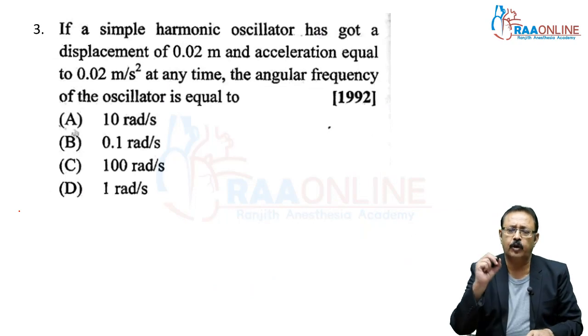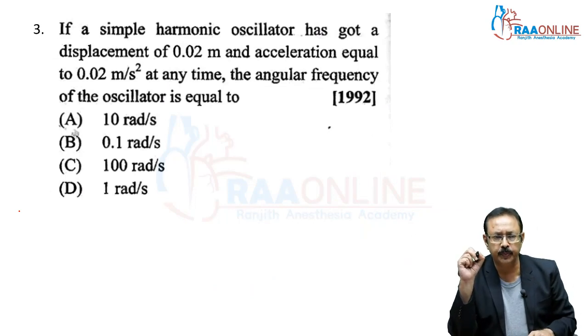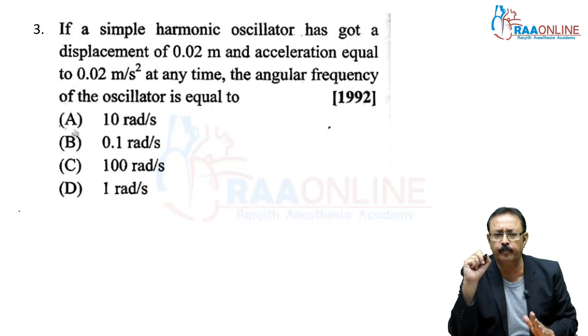Next, it is from 1992 AIPMT. If a simple harmonic oscillator, meaning SHM, has got a displacement of 0.02 meter, the acceleration is equal to 0.02 meter per second square.